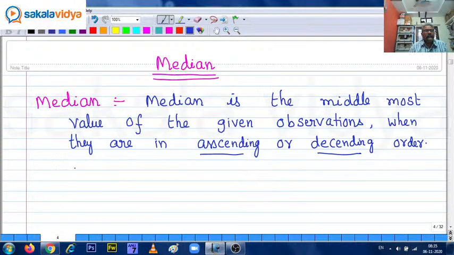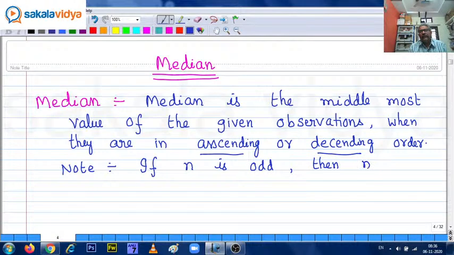First case: if n is odd, then the (n by 2 plus 1)th observation is the median.